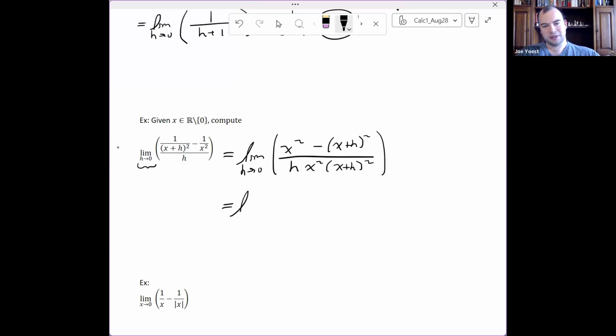Okay, now this numerator, be careful with my sign here. So I have a minus applying to this whole quadratic term. So minus x squared minus 2xh minus h squared.